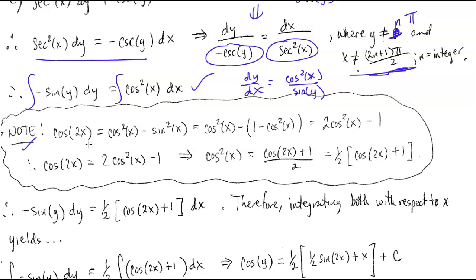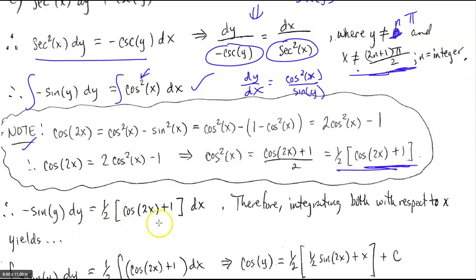And so what we actually end up doing is using what's called the reduction formulas. So we find a way to rewrite cosine raised to the power 2 as something with cosine raised to the 1. And so I go through the whole derivation process here of how to do that. And so once we're here, we're just going to replace cosine squared with just 1/2 cosine of 2x plus 1.